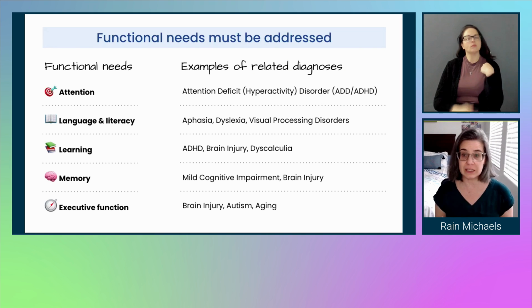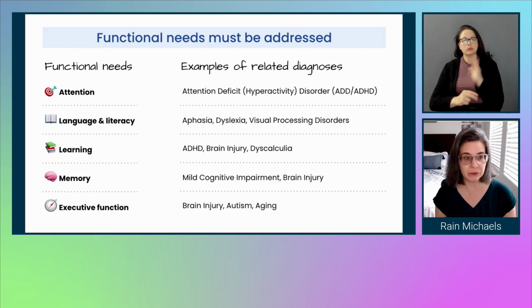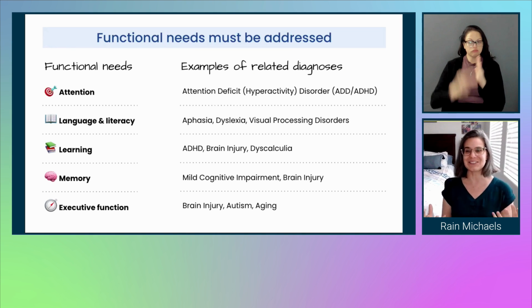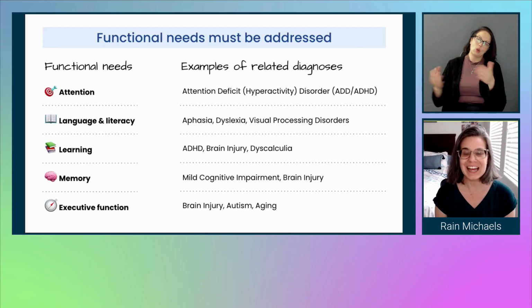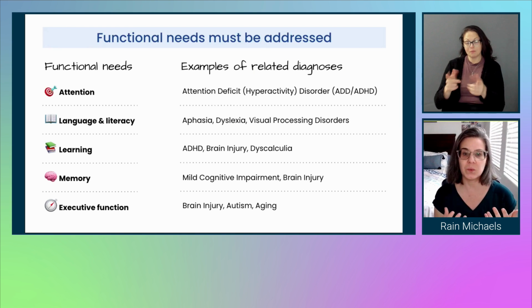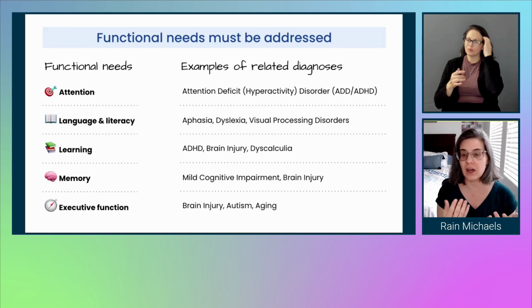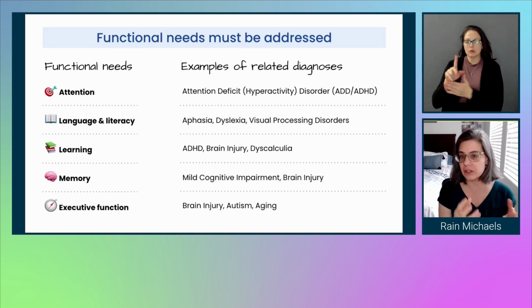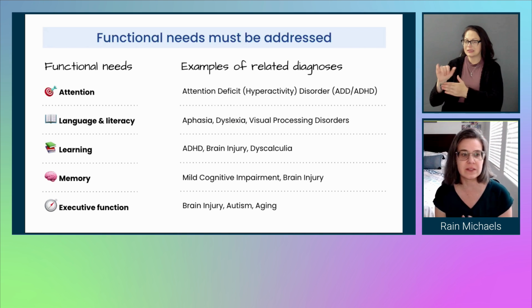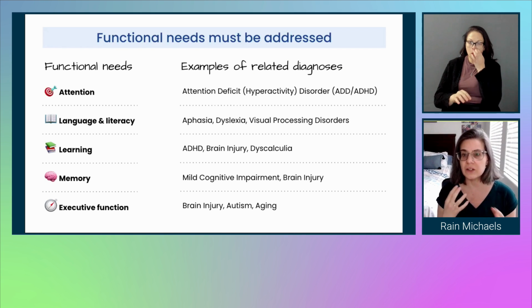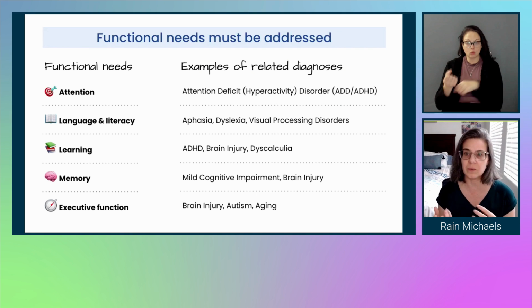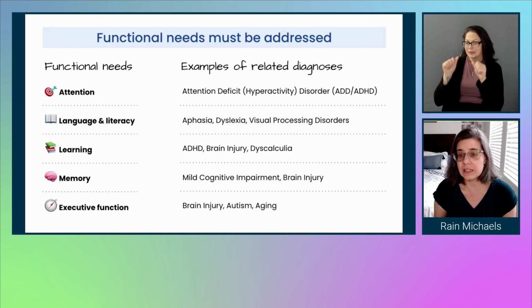Another is language and literacy. Language and literacy is a massive category of functional skill, but it has to do with visual processing, decoding characters, decoding illustrations, being able to understand hidden meaning or implied meaning within a text, being able to write fluently.